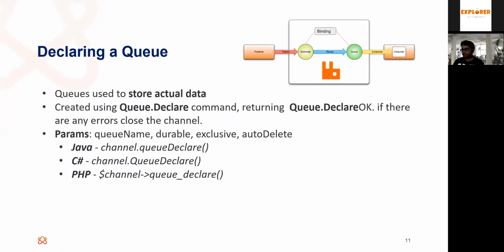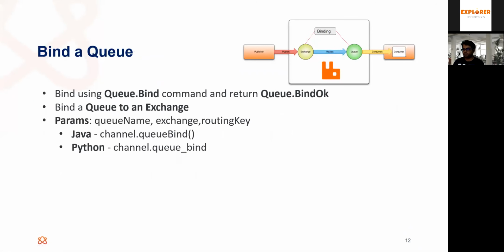Then the other one is binding, this part. If you went to the RabbitMQ site, you will not see this one, but this is important. What binding means is that previously we created an exchange and we created a queue, but to make them work together, we have to create a binding.